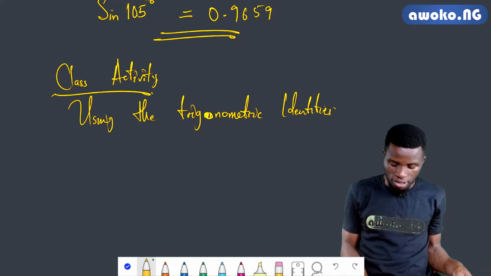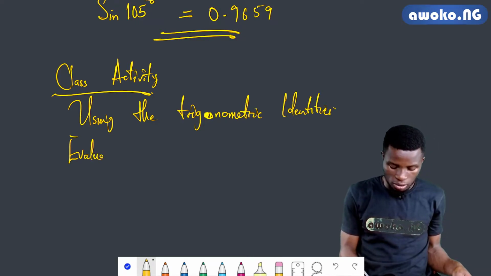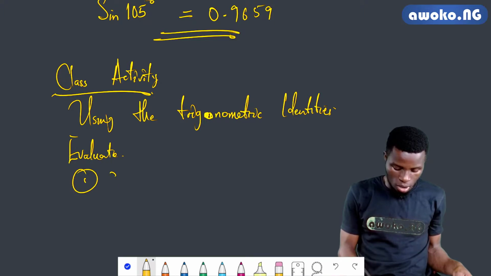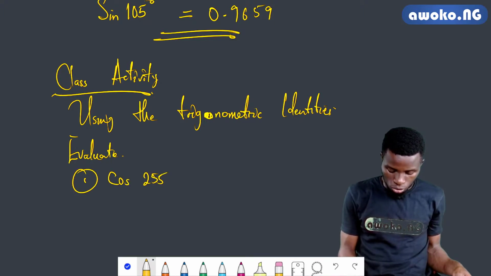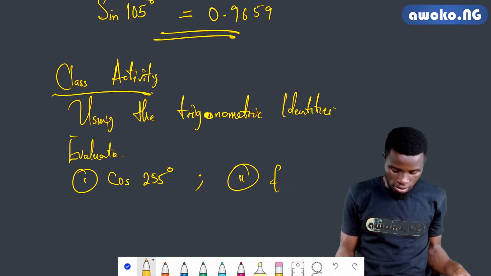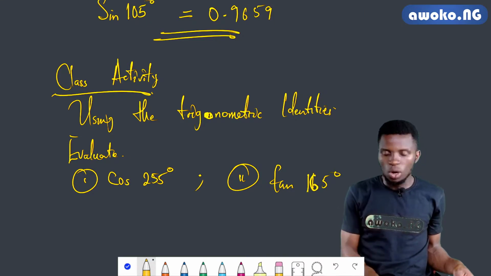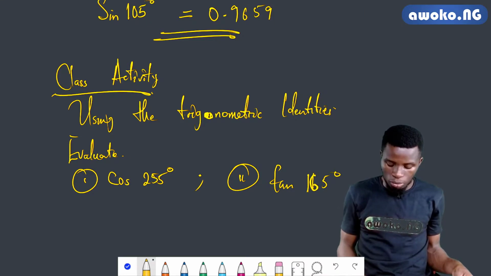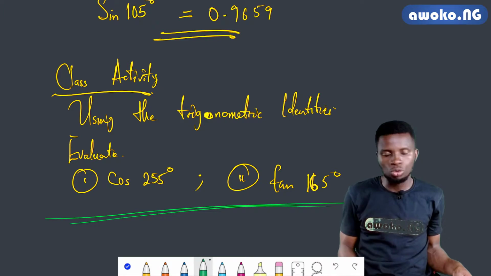Using the trigonometric identities, evaluate number 1, cos 255 degrees, and number 2, evaluate tan 165 degrees. With what we've discussed, I'm sure you should be able to solve these 2 problems.